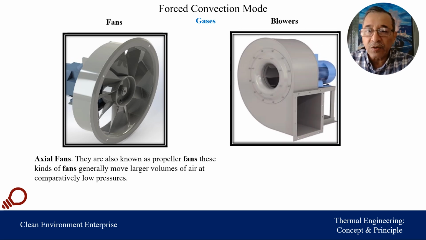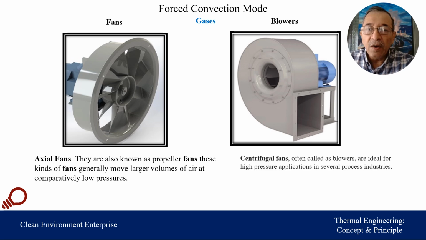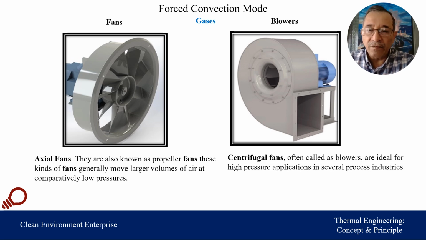The other type is the air blower. Blowers have the ability to convey a good volumetric flow rate of air at quite high pressure, where they can overcome all the pressure losses through the conveying system.